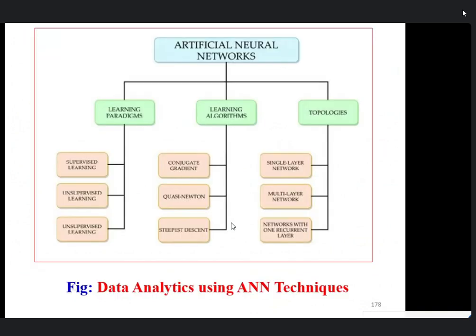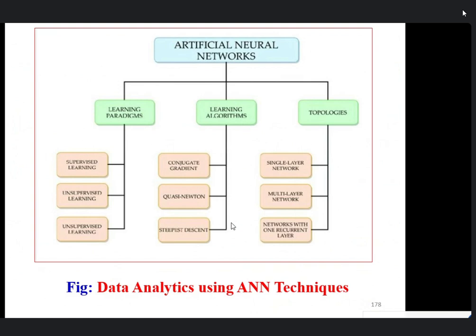So that's why artificial neural networks are classified into three approaches: learning paradigms, learning algorithms, topologies, etc. In learning paradigms, we have supervised learning, unsupervised learning, and reinforcement learning, etc. Then learning algorithms like the conjugate gradient algorithm, quasi-Newton learning algorithm, and steepest descent.